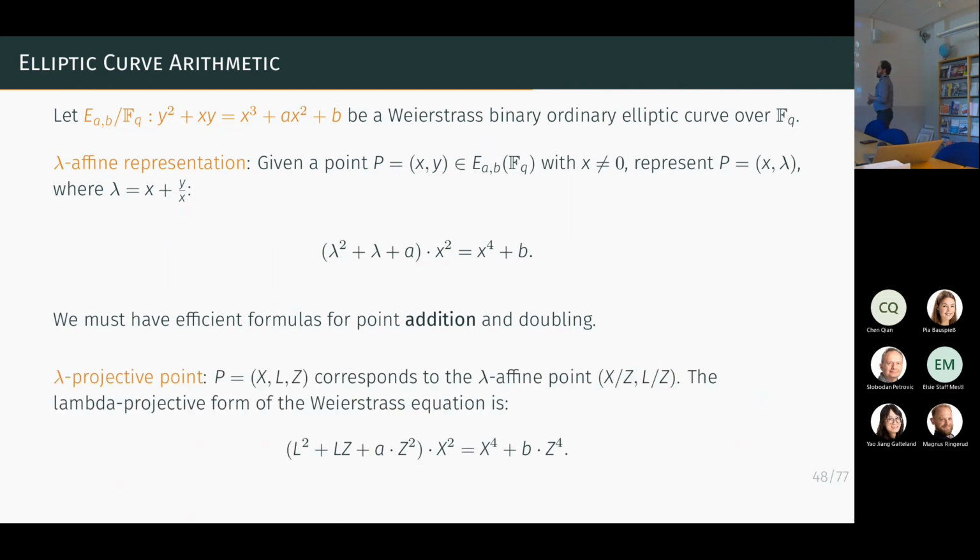At least the most efficient projective space we found for this model was the homogeneous one. So we weight the 2 coordinates by z, and by plugging in x over z and L over z for x and lambda, we get the projective version of the curve equation. So that's the model we'll be working on later.